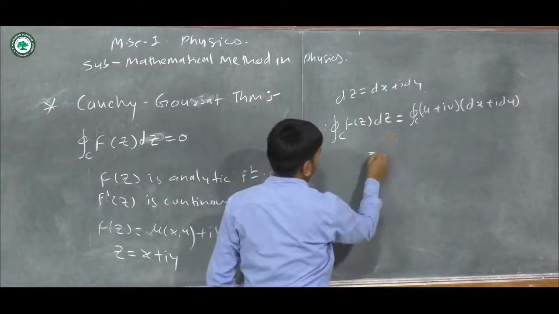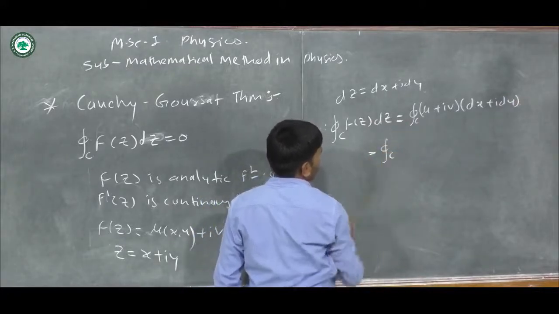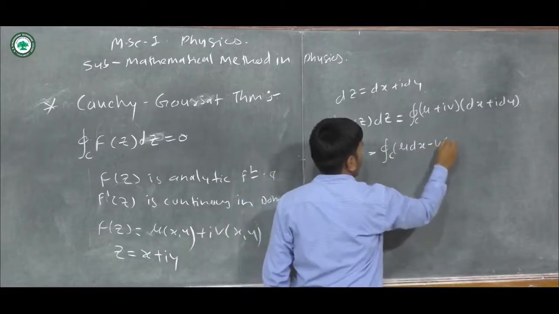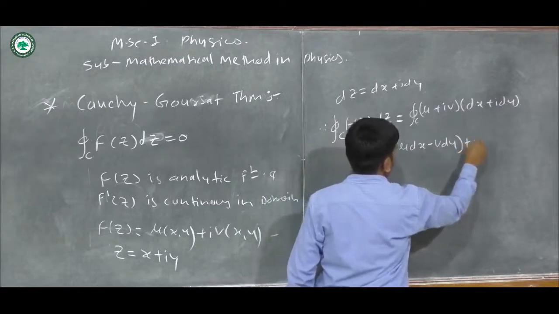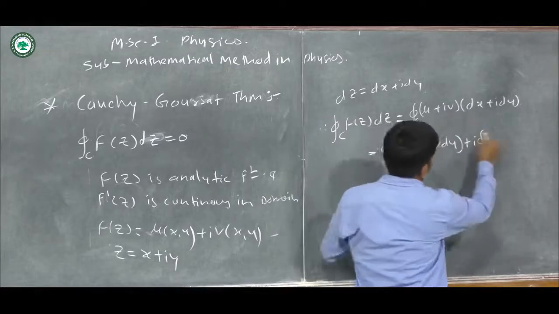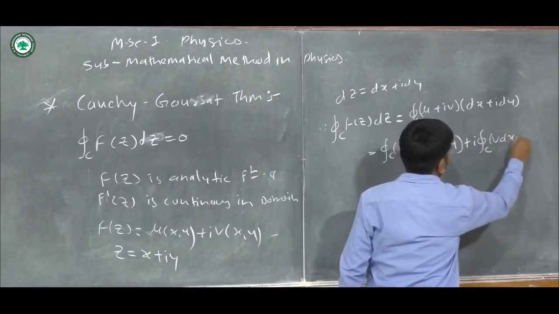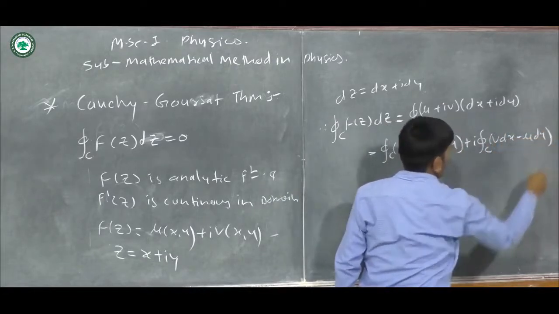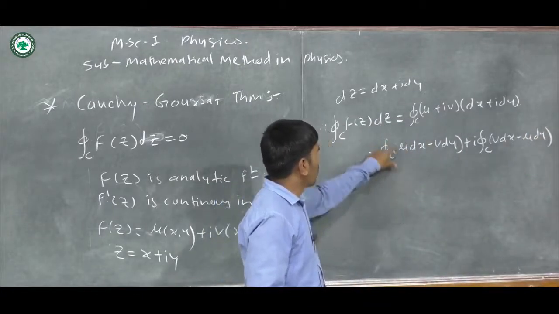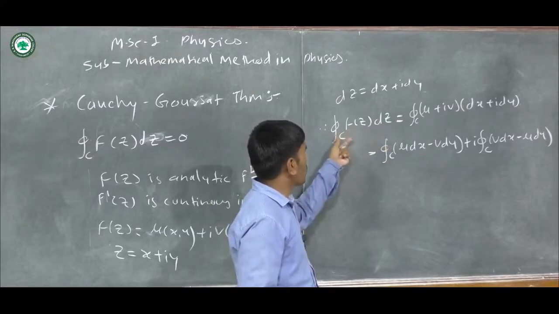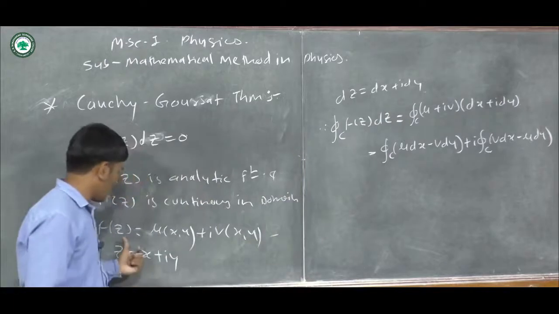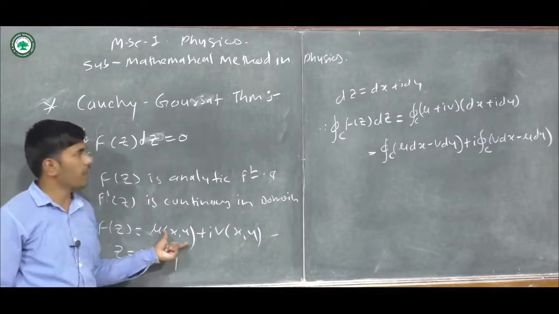If we simplify, we can write it as the closed integral over C of (u dx − v dy) plus i times the closed integral over C of (v dx + u dy). So this is the expression for the closed integral of f(z) dz when we put f(z) in terms of u and v.